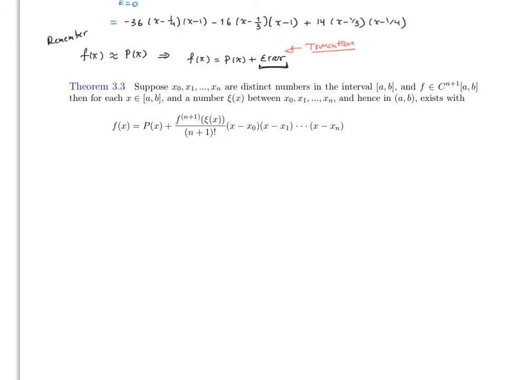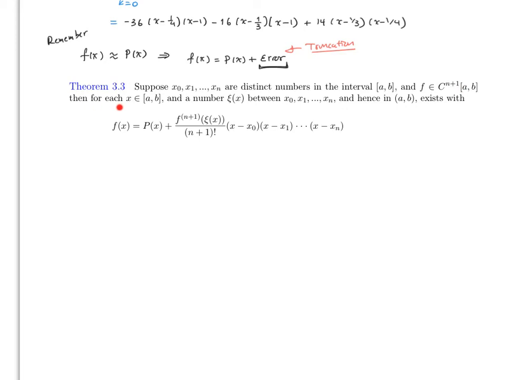Theorem 3.3 says the following. Suppose that we have n plus 1 distinct x points in the interval a and b, and f is a function that has n plus 1 continuous derivatives.